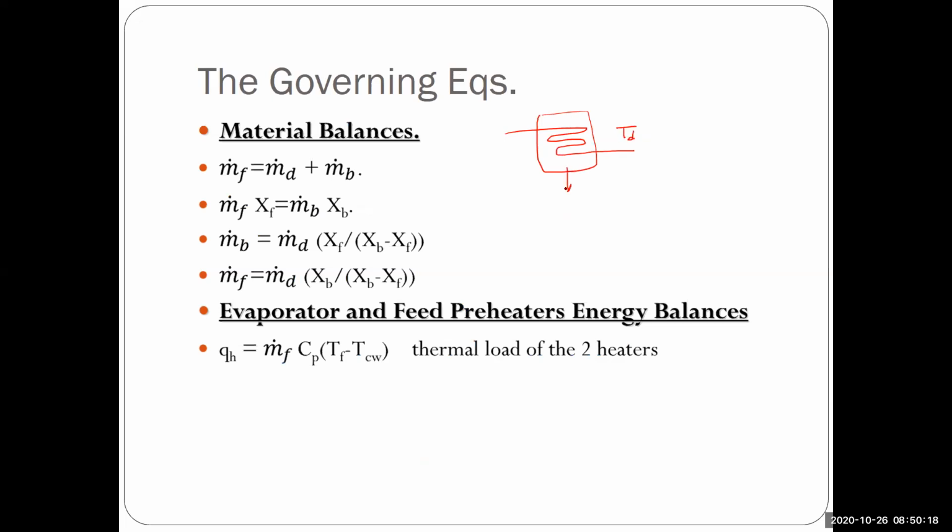And we have brine, which is leaving at temperature TB. And both of these are at somewhat elevated temperatures, 50s or 60s degrees centigrade. And these are the 2 streams that are going to enter the 2 heat exchangers for preheating the feed. Did I answer the question?